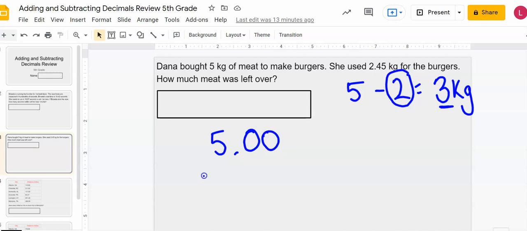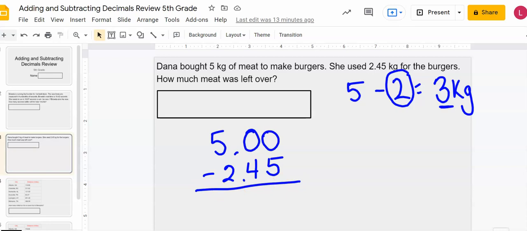And I'm going to subtract 2 and 45 hundredths. So if I write 5 with the zeros behind the decimal, that's still 5. It's still 5 wholes. So I can represent it that way.